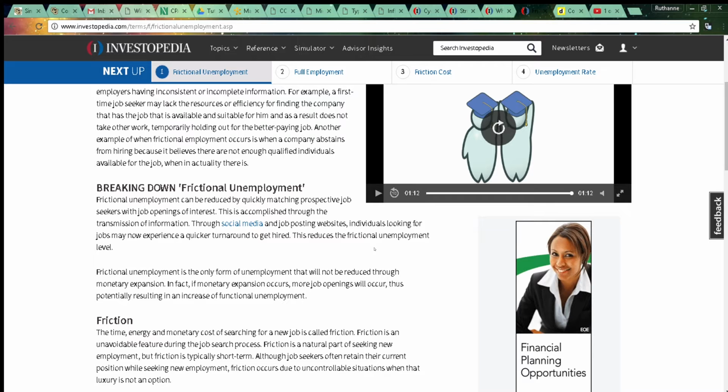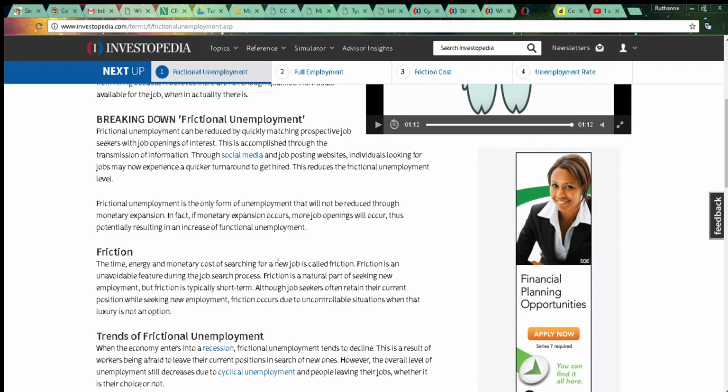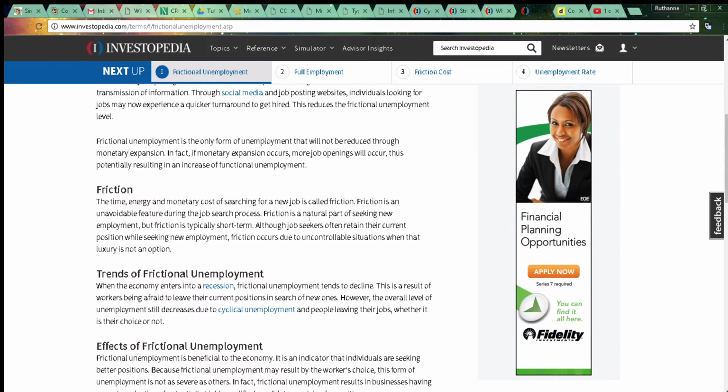And so this reduces the frictional unemployment level, because the employees and the employers are able to be more appropriately matched with each other, simply through an increase in communication resources. That's what social media and job posting websites provide.